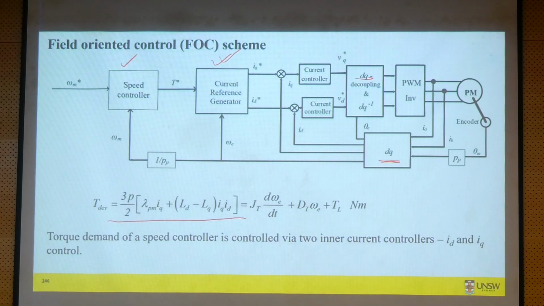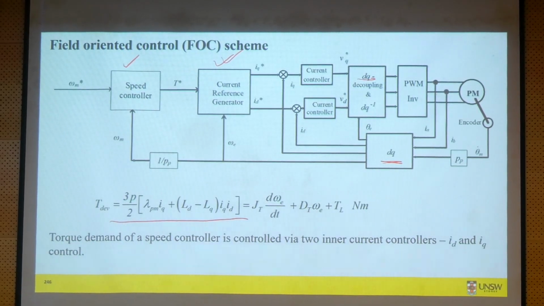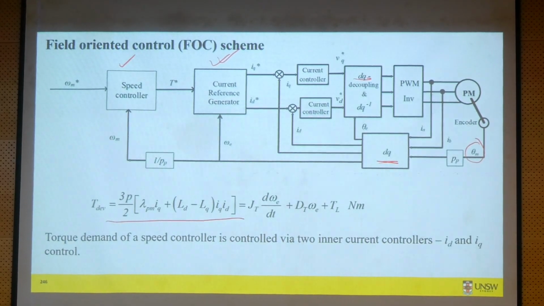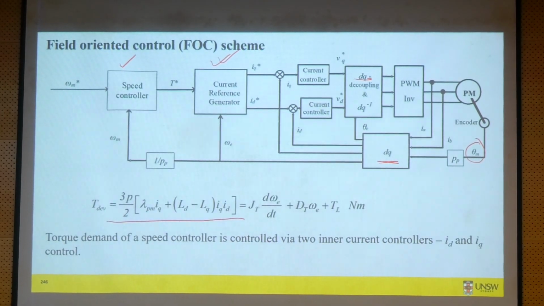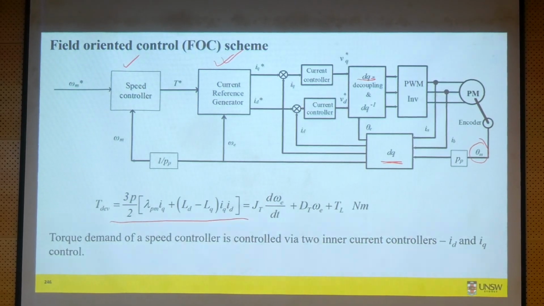If you remember, it's a cos theta, sin theta matrix, so for that matrix we need the information of theta. That theta comes from your encoder, and that's why you must have the encoder if you are doing FOC with a sensor.